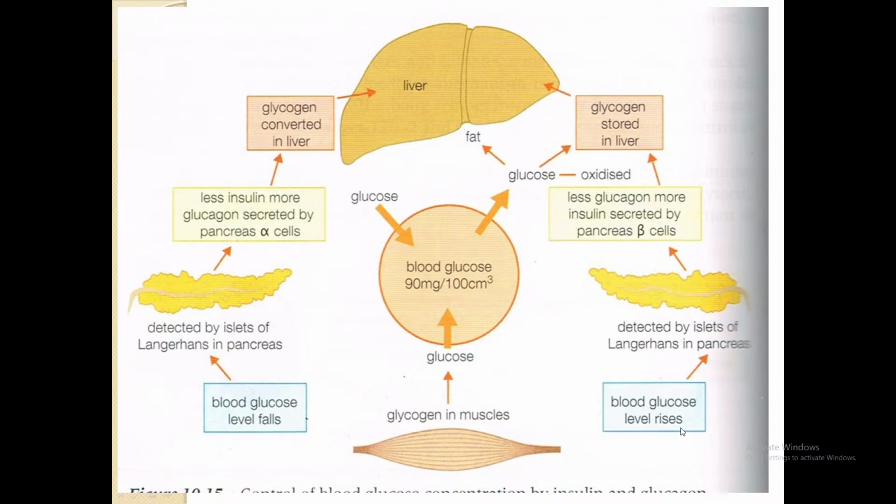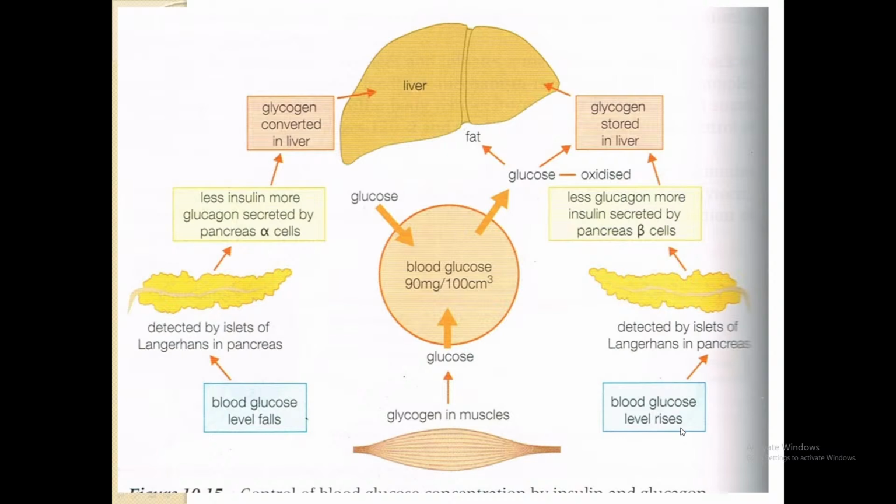So the next type of cell, called the alpha cell or A cell, will produce more glucagon, and this glucagon goes back to the liver and tells the liver that the excess glucose you have stored, we're going to need it. It then converts that stored glycogen back to glucose and puts it back in the blood so that the blood sugar level can be maintained.